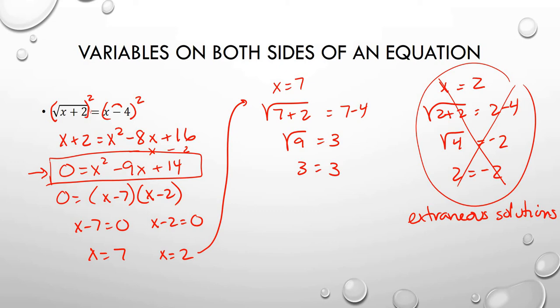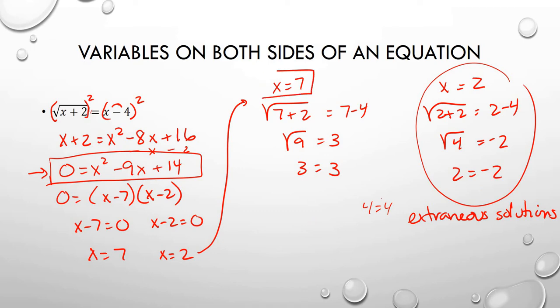Look what happens when we square both sides of an equation. If I squared both sides of this, I would get 4 equals 4, and it seems to work. But when I'm just solving the original equation, when I don't square both sides, this negative sign on the right causes problems.